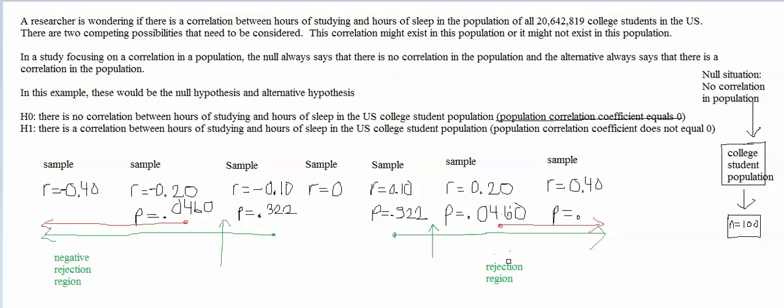I meant to say positive rejection region. You probably noticed that. Going out toward the positive rejection region, you have stronger positive correlations with R's further above 0. When you're going toward the negative rejection region, you're having stronger negative correlations with R correlation coefficients further below 0.